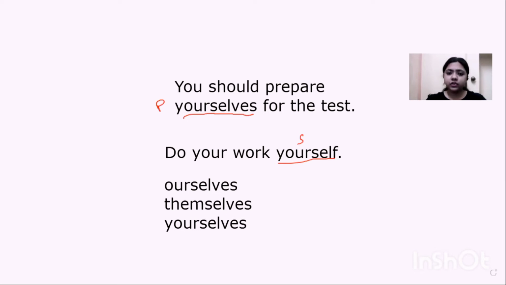He himself told me this. Now, what does this mean?